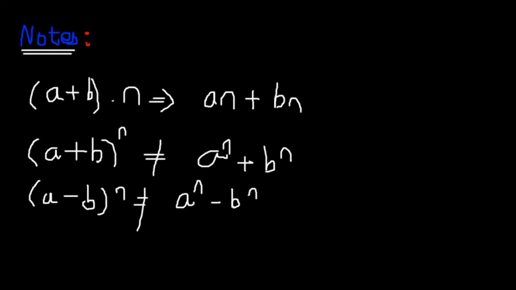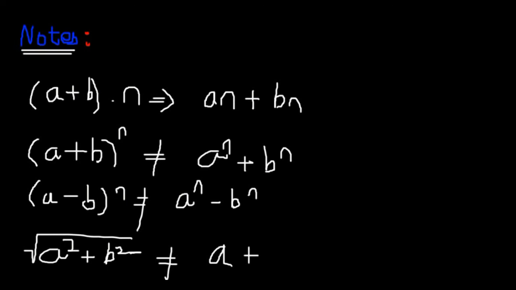So the last and final point is root of a square plus b square is not equal to a plus b. So these are the most important note points that you must be perfect with.